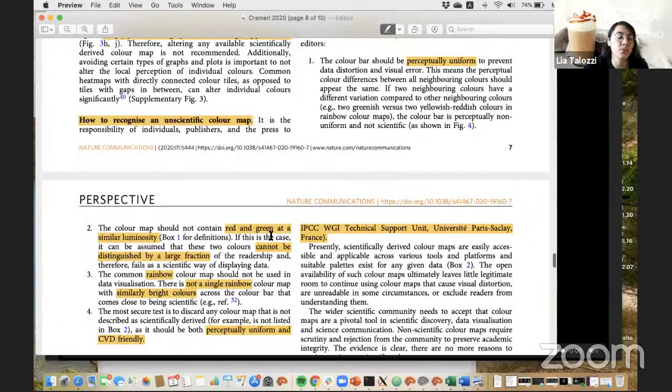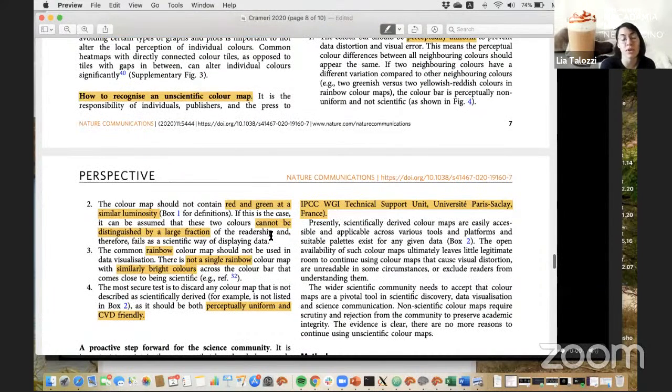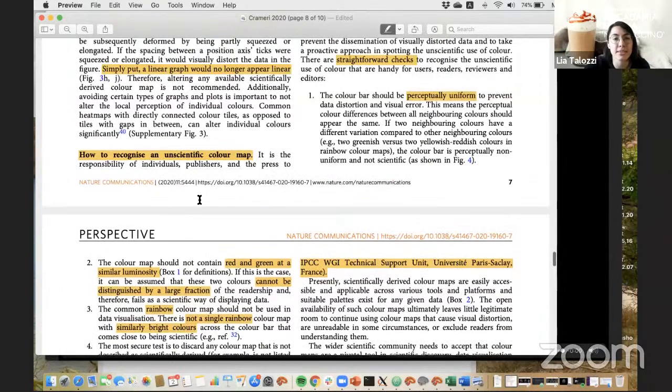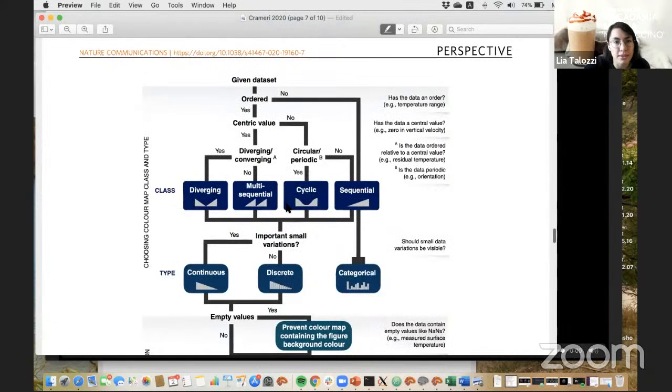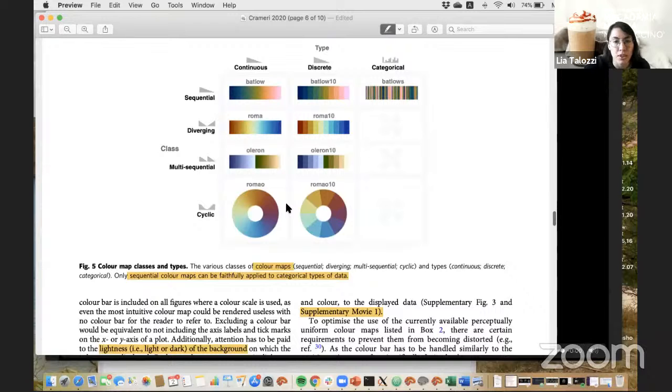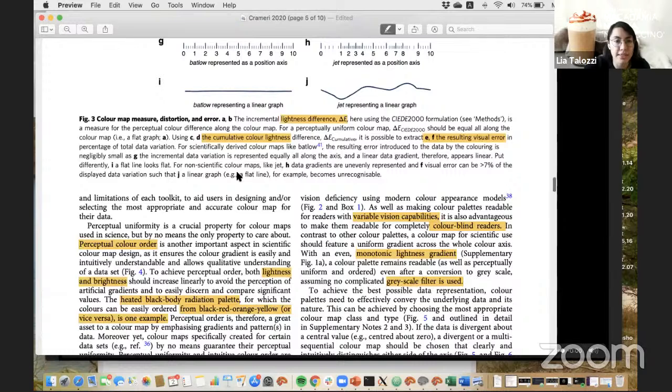You have to use color maps that are color-vision-deficiency friendly, and there is not a single rainbow color map that fulfills the requirements that they pointed out in this paper. And this is, yes, a general overview. Then you can have in the supplementary materials a lot of examples.